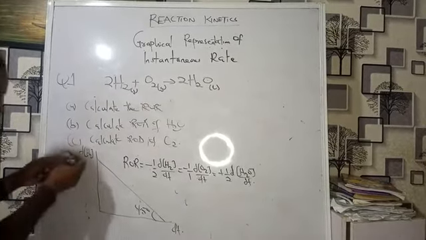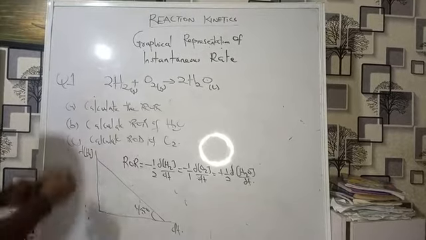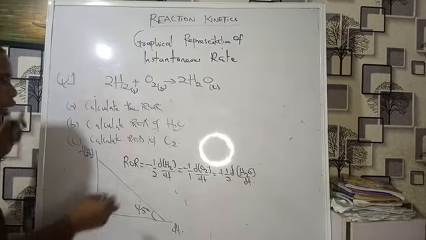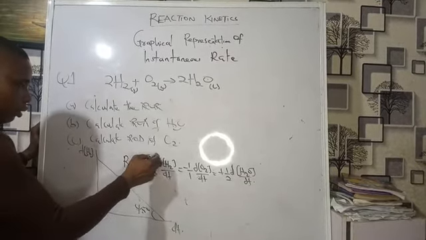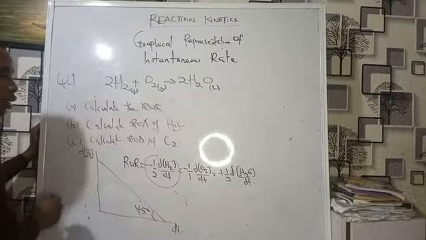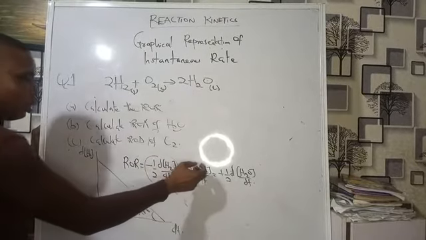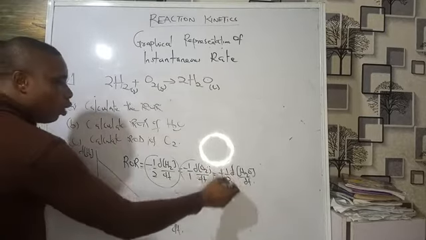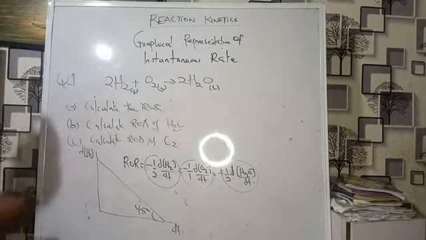But what we can calculate using this graph is what? Rate of disappearance of H2. So, all this is the rate of disappearance of H2. All this is the rate of disappearance of O2. All this is the rate of appearance of H2O. You have to know that.